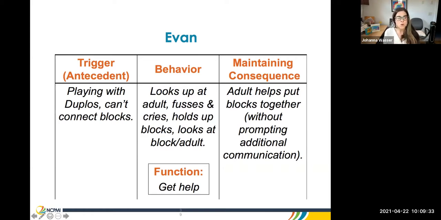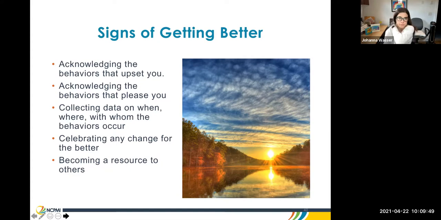So this is a behavior equation, which we need to think of actually for positive behavior too. Sometimes we only think of these equations as negative behavior equations, but they could be positive behavior equations as well. Okay, signs of things getting better. So acknowledging the behaviors that upset you, acknowledging the behaviors that please you, right?